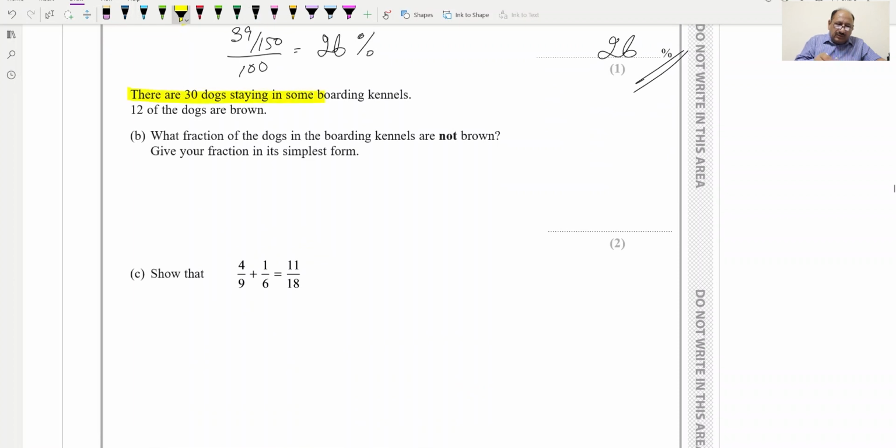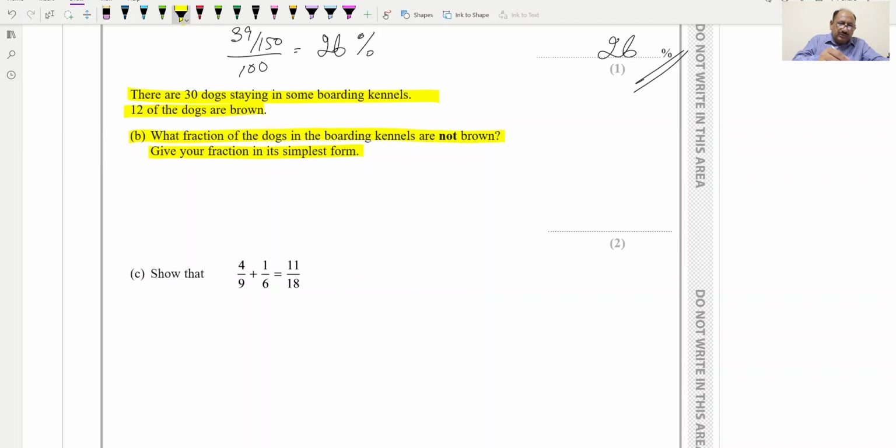And there are 30 dogs staying in some boarding kennel. 12 of the dogs are brown. What fraction of the dogs in the boarding kennels are not brown? Give your fraction in its simplest form.